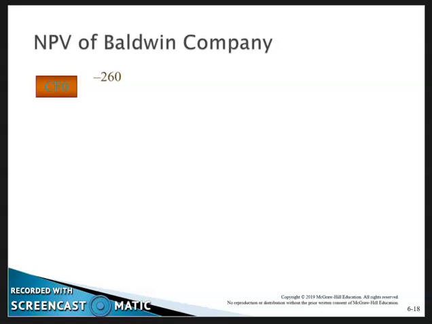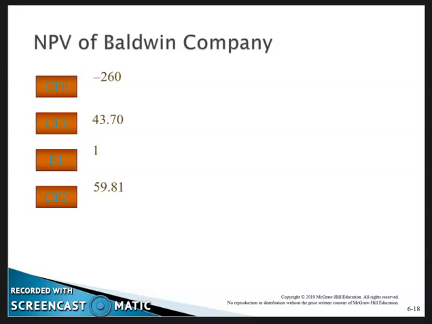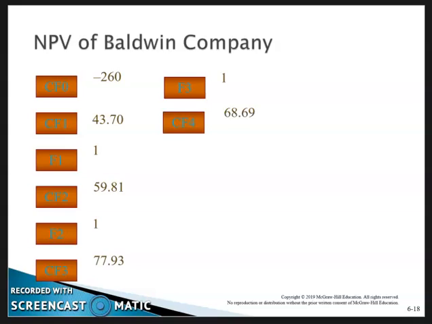So, on your calculator, the CF0 would be the 260, CF1 would be 4370, CF2 would be the 5981, CF3 77.93. The frequencies are all one because none of these cash flows occur more than once.